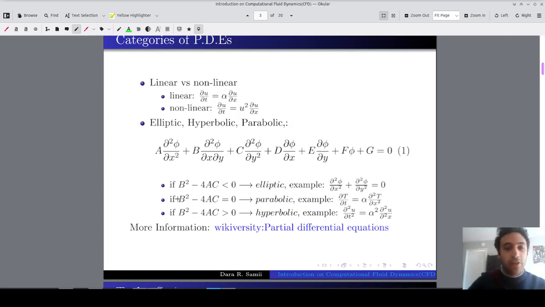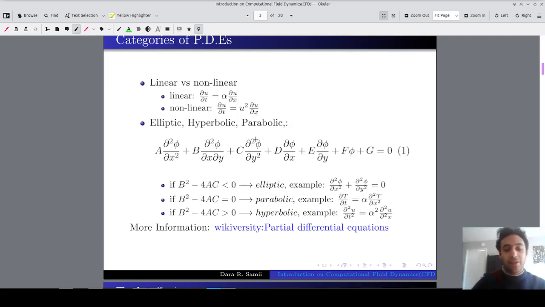Some of them are nonlinear, some of them linear. You see an example of a linear equation, known as the simple heat transfer equation in one dimension. Also, there are many nonlinear equations as well. You can see the equation here.